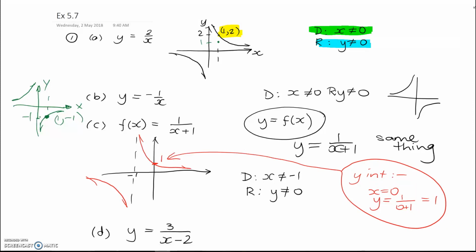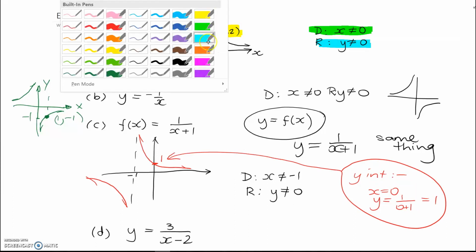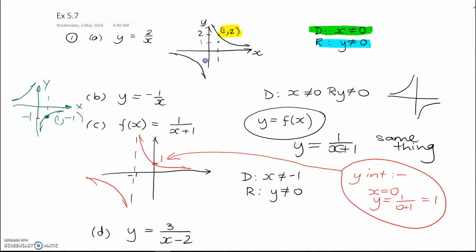Let's look at C. So we now have f of x equals 1 over x plus 1. So we have a shift. Let's just look at that very carefully. See here? It's not 1 over x, it's 1 over x plus 1. So what does that do? It means that I've shifted along the x-axis. And how do I know what the shift is?